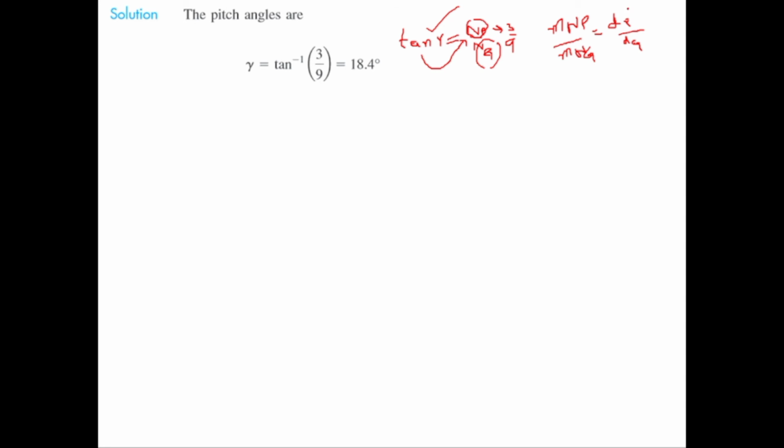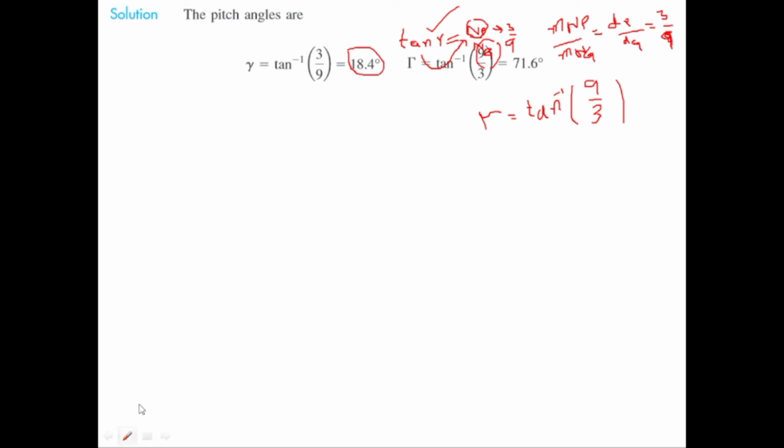From the diagram we can see that dp equals 3 and dg equals 9. So put these values and take the tangent inverse. We will get 18.4 degrees. The same way, capital gamma equals tangent inverse of dg divided by dp, which is tangent inverse of 9 by 3. That will give us 71.6 degrees.